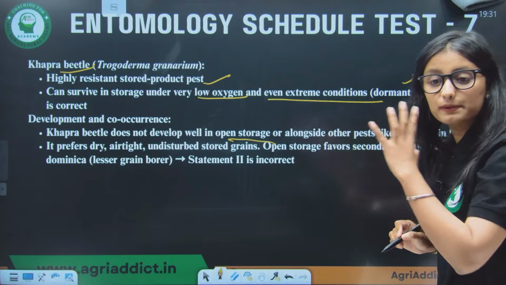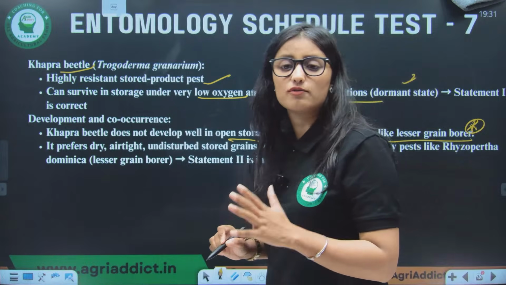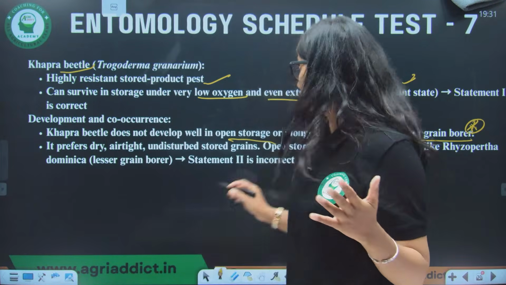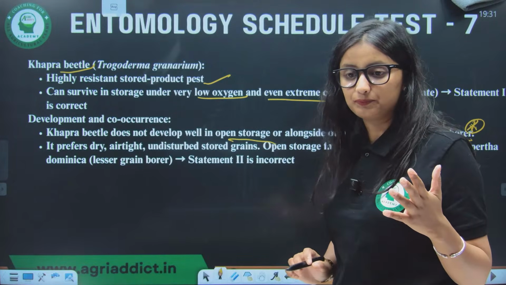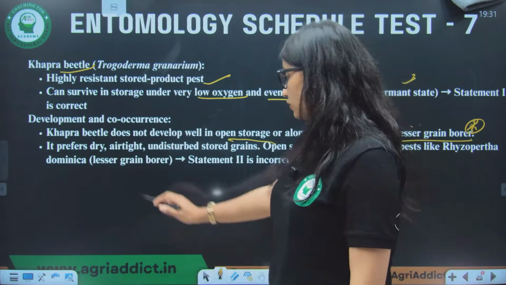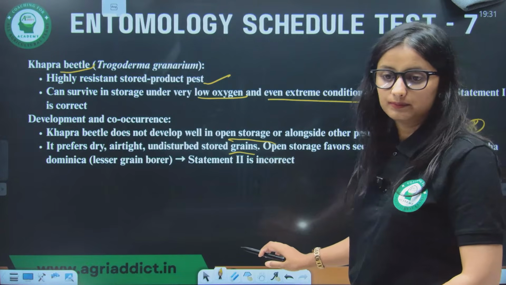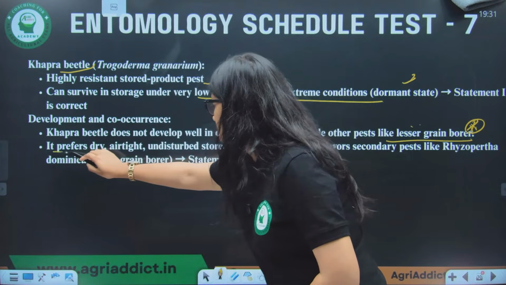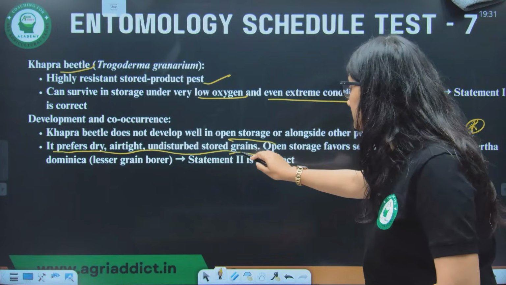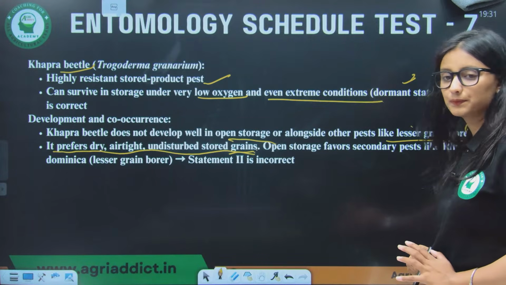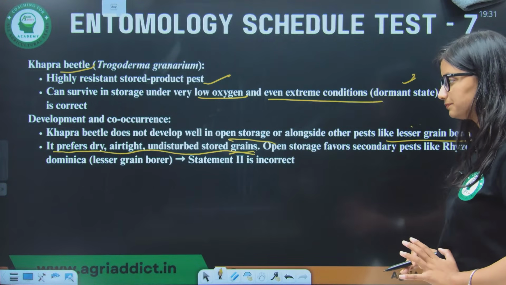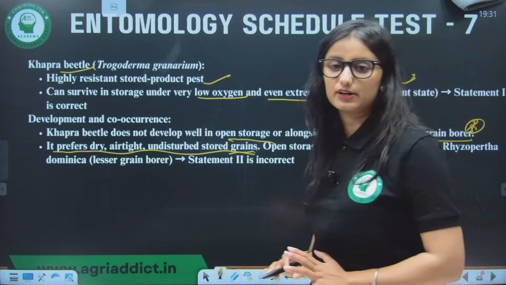That open storage was condition for what? Lesser grain borer. So it prefers dry, airtight, undisturbed stored grains. Okay, so Khapra beetle requires dry, airtight and undisturbed stored grain. Is it clear? So that's why statement 2 is incorrect.